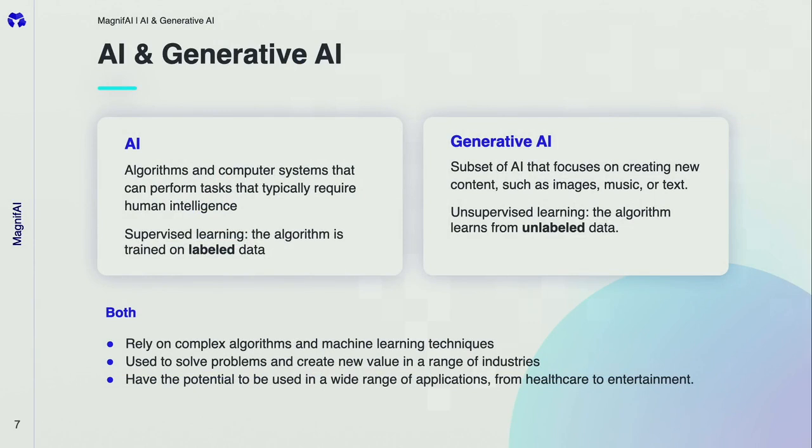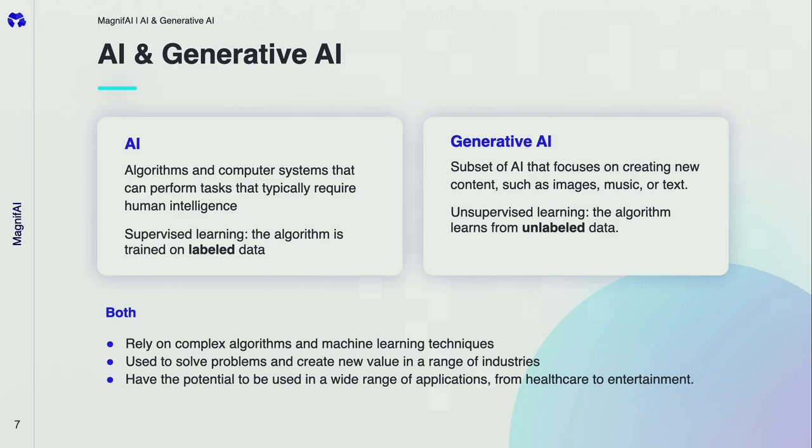When we're talking about generative AI, we are talking about a subset of AI that focuses on creating new content. So we are using AI, but for a specific purpose. New content such as images, text, video, audio, you know what I'm talking about. That part is probably the most relevant area of research today.